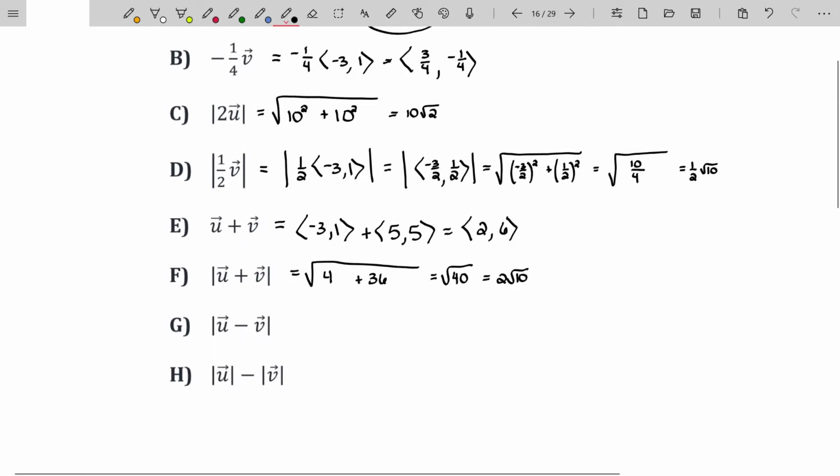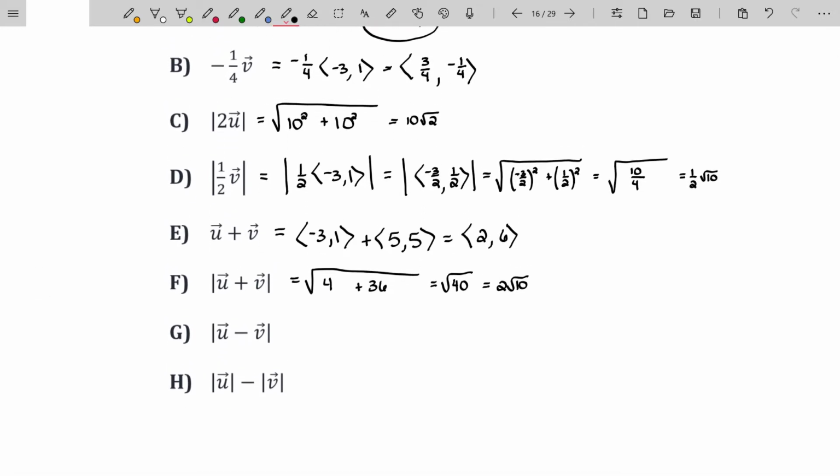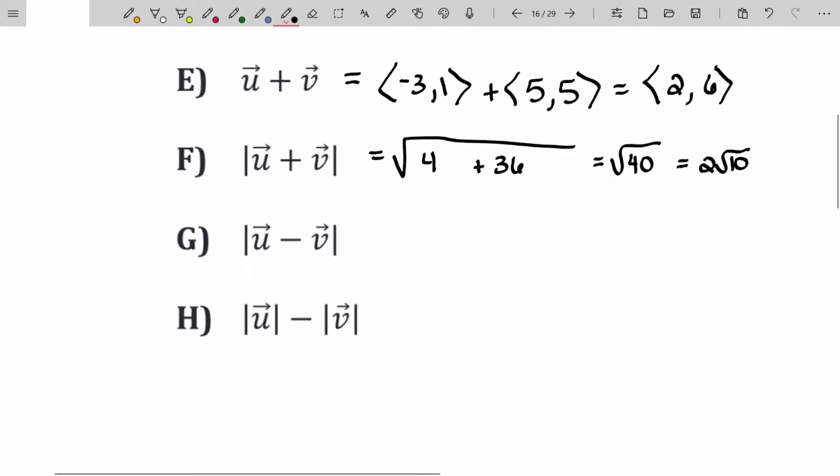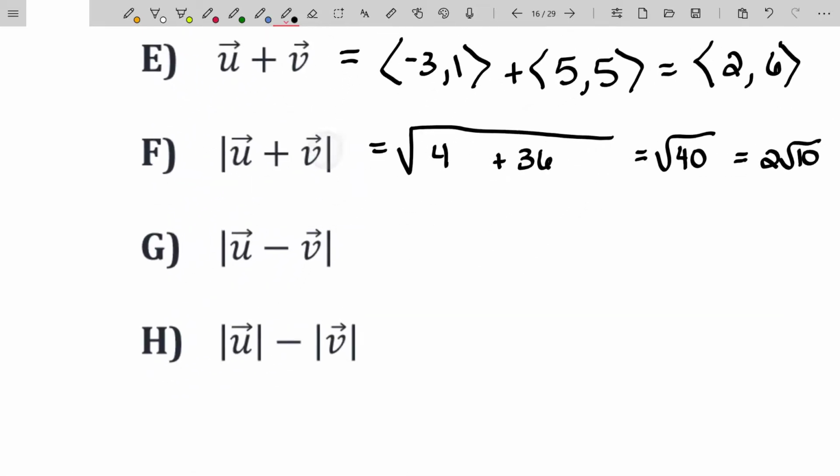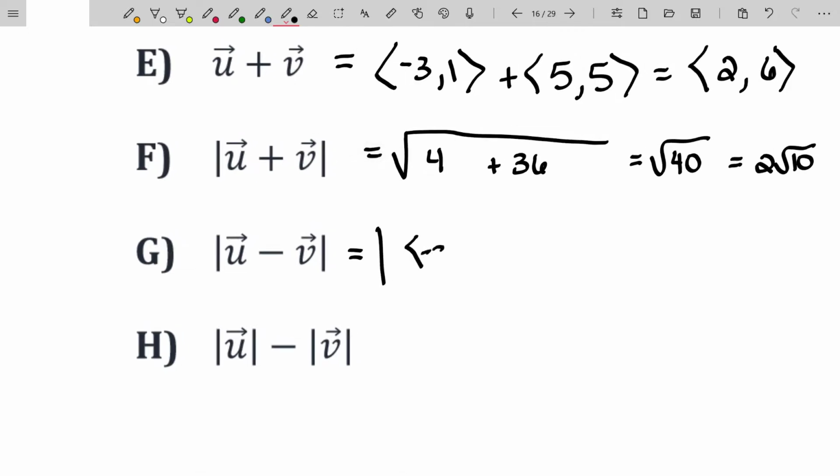The second, or part G there, is saying, well, what about the magnitude of u minus v? Now, G and H are really important questions here. Let's see. The magnitude of u minus v. U was a negative 3, comma 1, minus v was 5, comma 5.